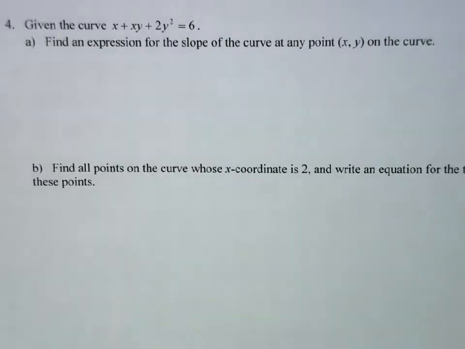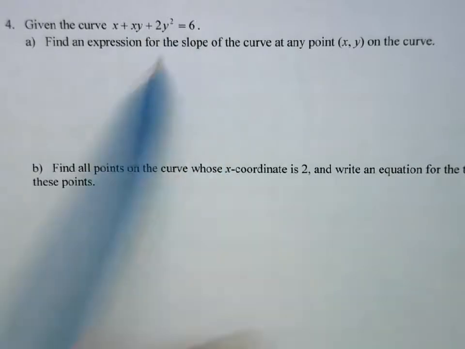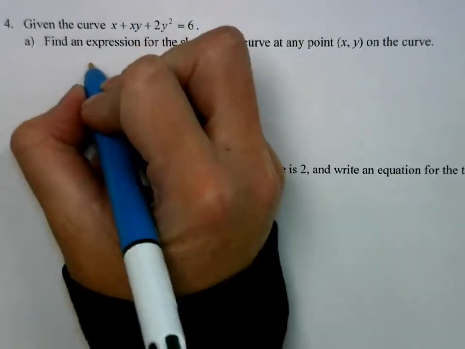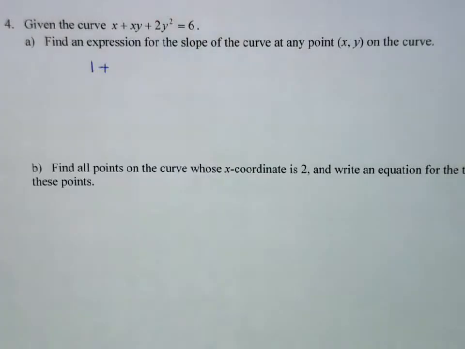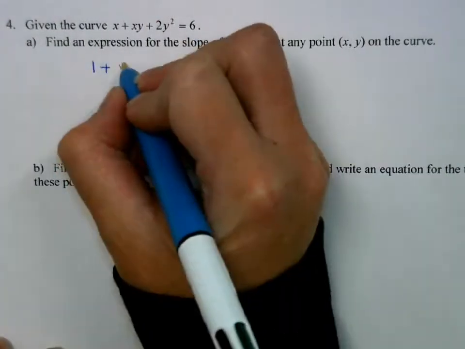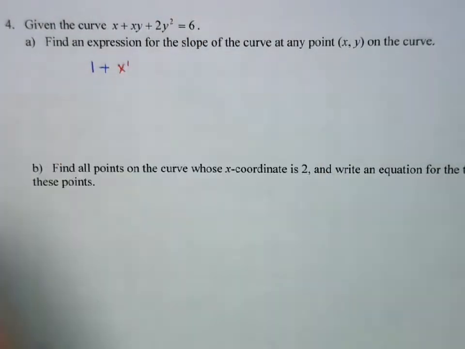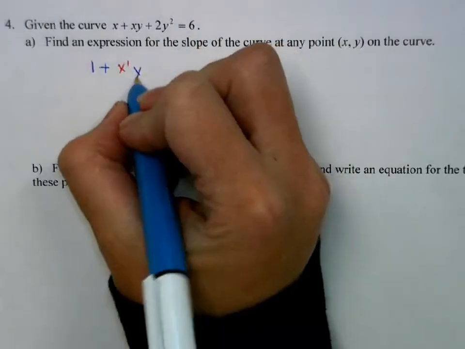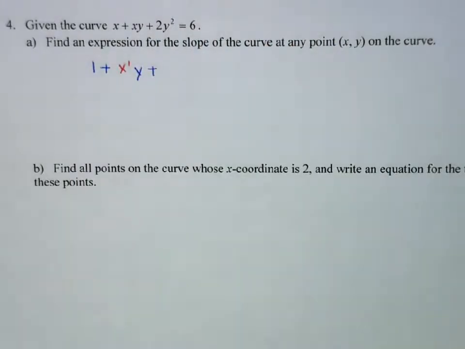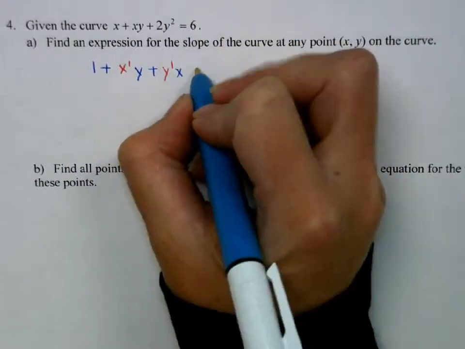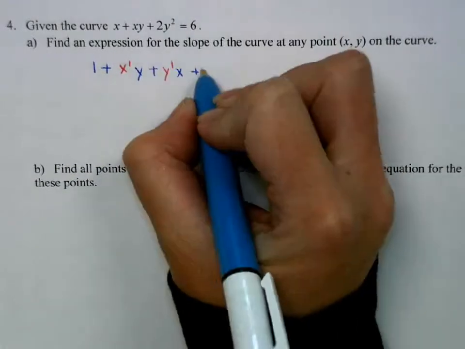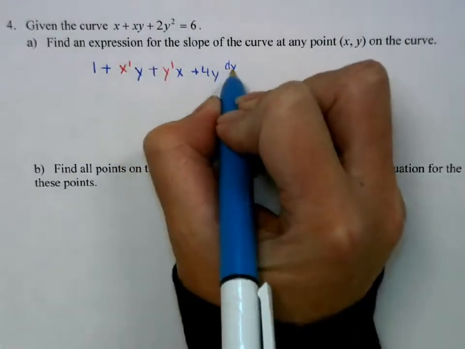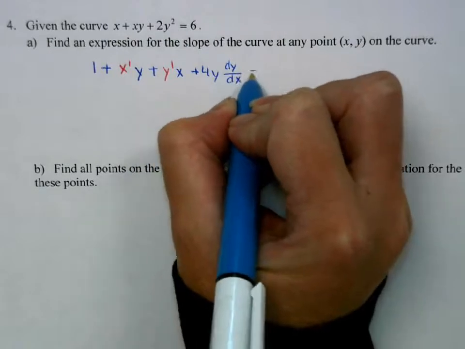Okay, we're going to find the slope of the curve, which is just dy dx. So we'll have 1 plus, we're going to have a product. This will be 4y dy dx equals 0.